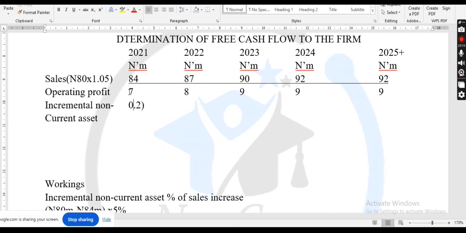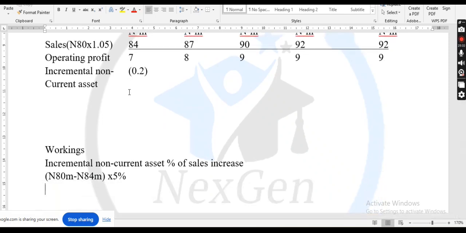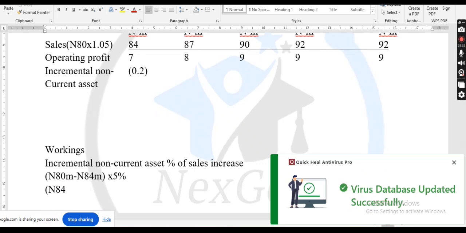Incremental. Okay. So what do we have? You do the same thing. So you compare 84 minus 87, is that not so? Let's say for the second year, it will be 84 million minus 87 million.